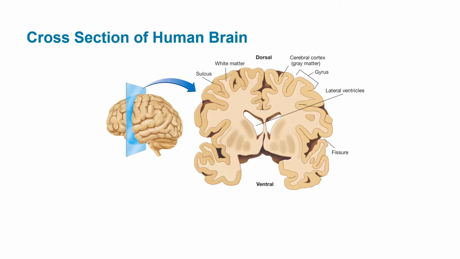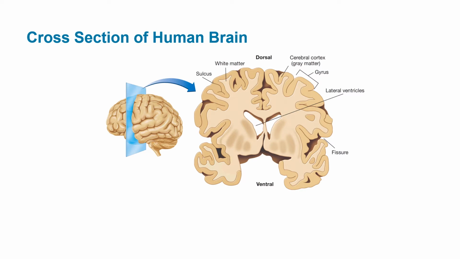So first, when we look at the brain, we're looking at cross sections of the brain. We're looking at different ways we can cross-section it, and there are many different planes we can cross-section the brain with. In the next few slides, we'll talk about those planes. When you do this cross-section, you get a view of what's going on inside. These cross sections might occur at the midpoint, or farther forward, farther back.